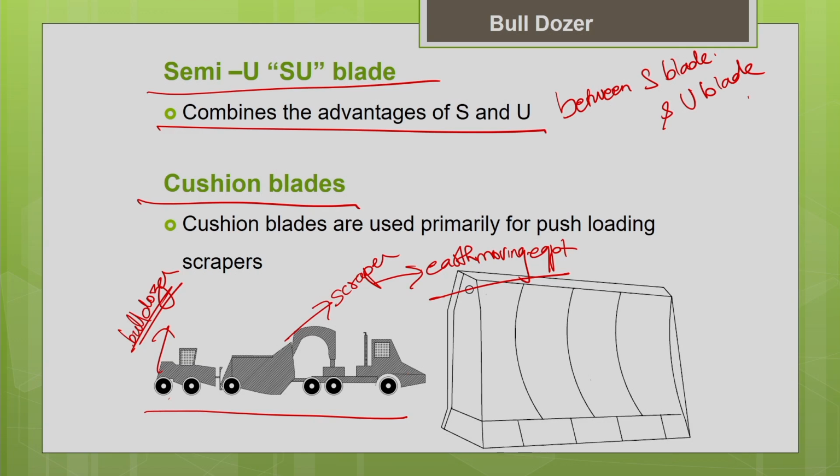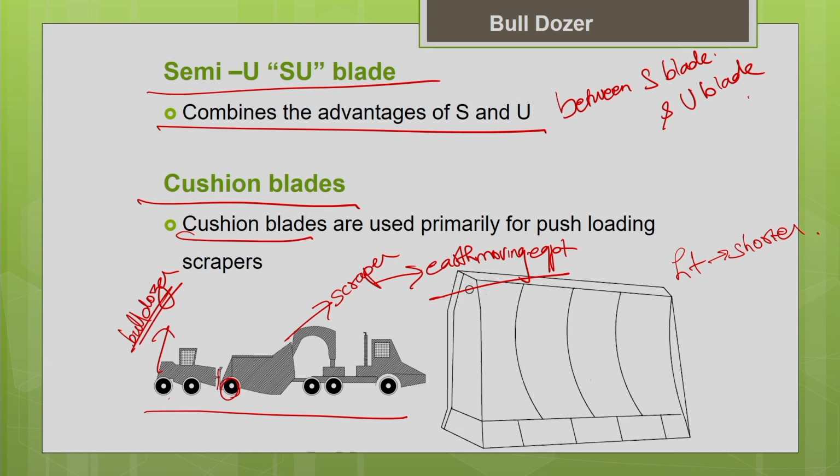For those bulldozers, I am not going to use a blade for earth moving operation. I need a blade just for pushing the machines. That blade is called the cushion blade, C blade. Generally, the height of these blades is shorter, so that the blade won't disturb the rear wheel of the machine it is pushing.